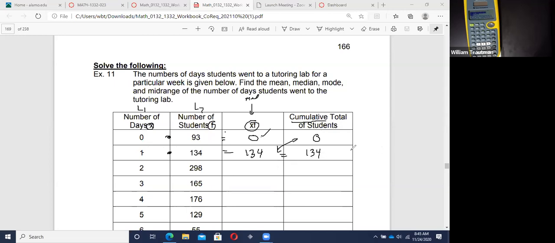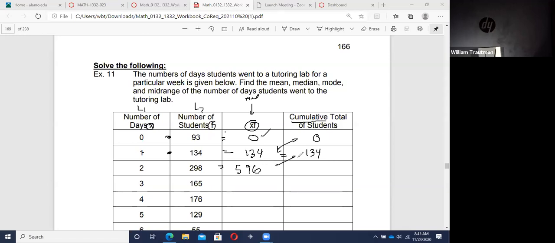Next, 2 times 298. 298 times 2, and I get 596.